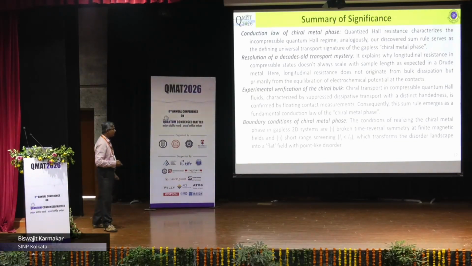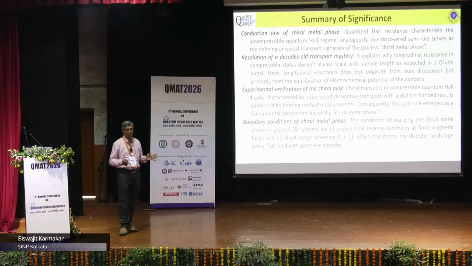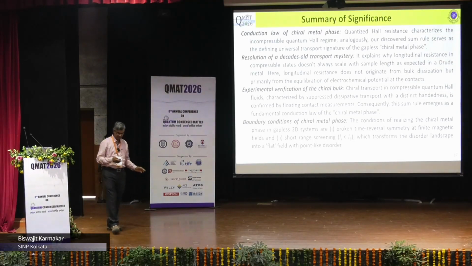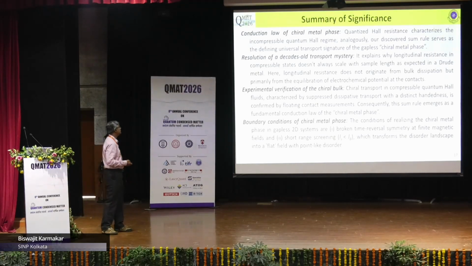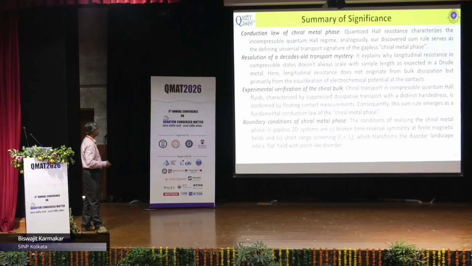So it requires enormous facilities. Basically, for all the channels you have to measure with lock-in amplifiers, so you need n numbers of lock-ins or n numbers of preamplifiers. Then there are the boundary conditions for the chiral metal phase.